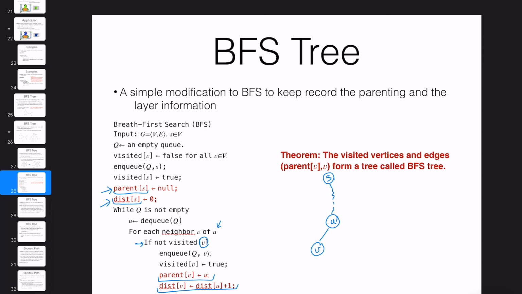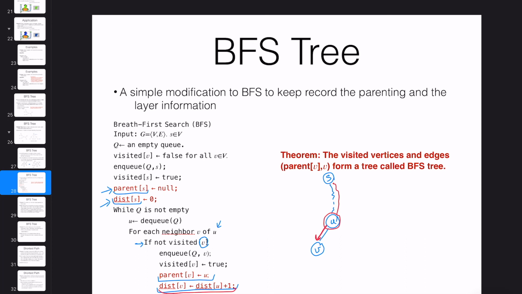So the shortest path from S to v is going to be through this path. You reached from S to u, and then you reach from u to v. So what is going to be the distance of v? Whatever is the distance of u from S, plus 1, because you are covering this edge as well. The distance of v is going to be the distance of u plus 1.